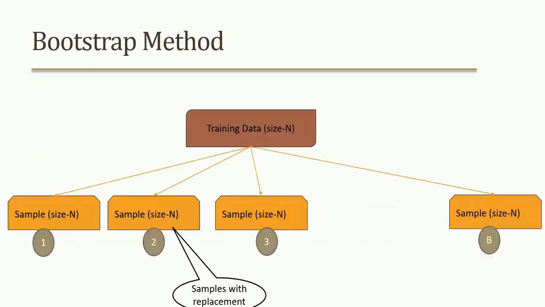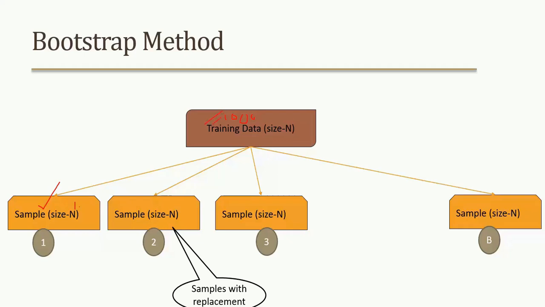Once again, how bootstrap samples are taken: we have a training data set of, let's say, 1000. Then what do we do? We take a sample of 1000 with replacement. That means we take one point and note it down, and then we put that one point back.